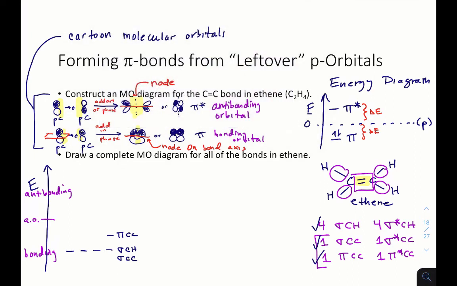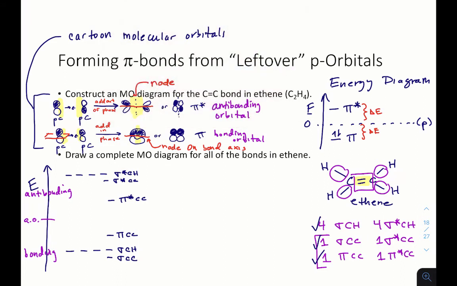So the next orbital that we should put into our diagram is pi star CC. And then finally, we have our sigma star orbitals. We will have the 4 sigma star CH orbitals, and then slightly lower energy is the sigma star CC.